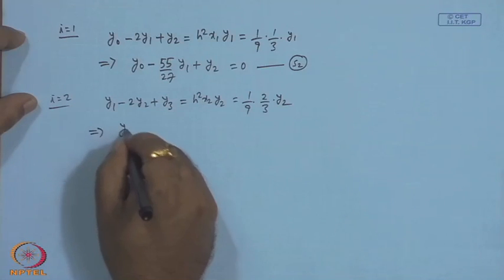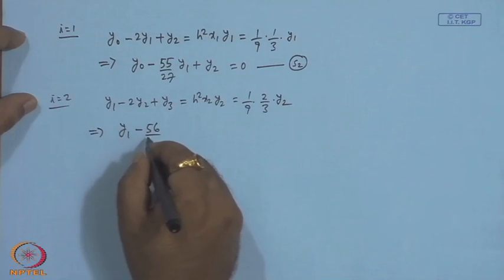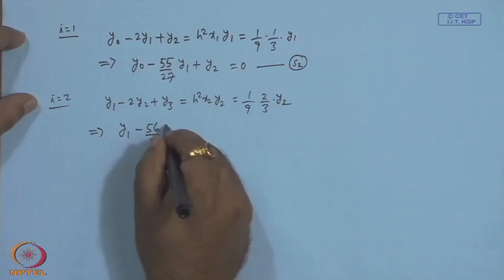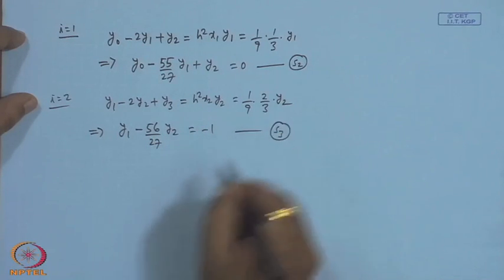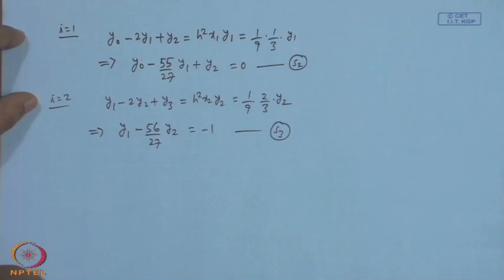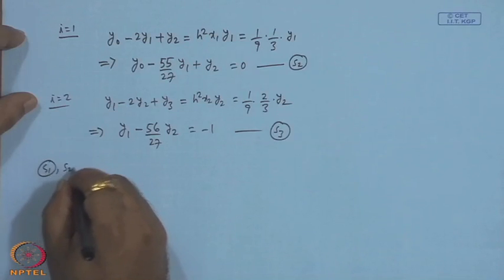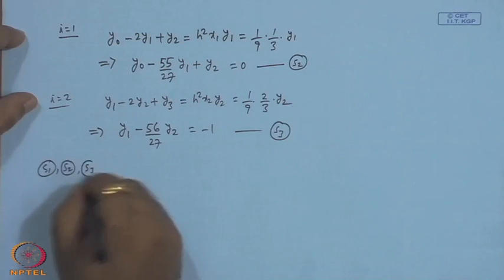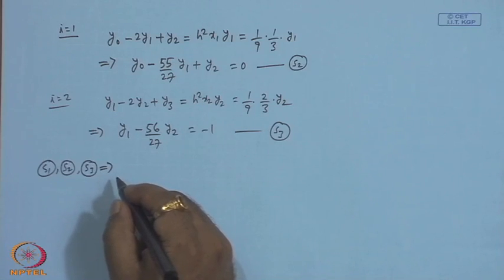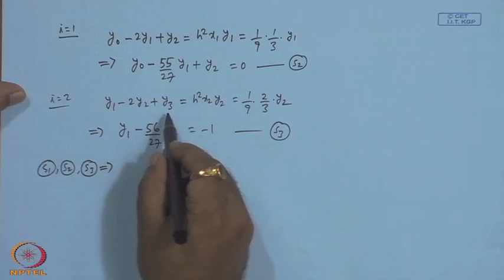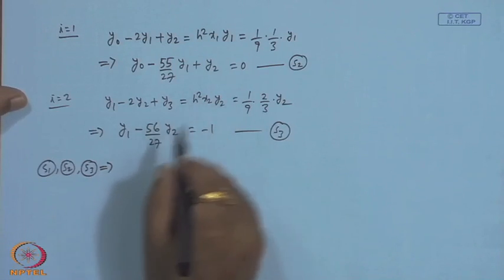From S 1, S 2, S 3, we have used that y 3 is also 1. So, this is gone.